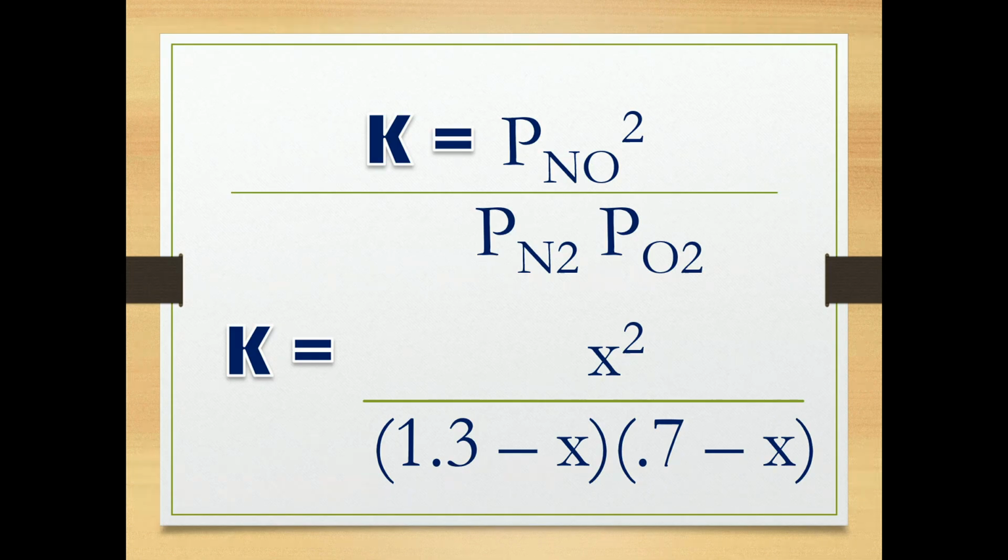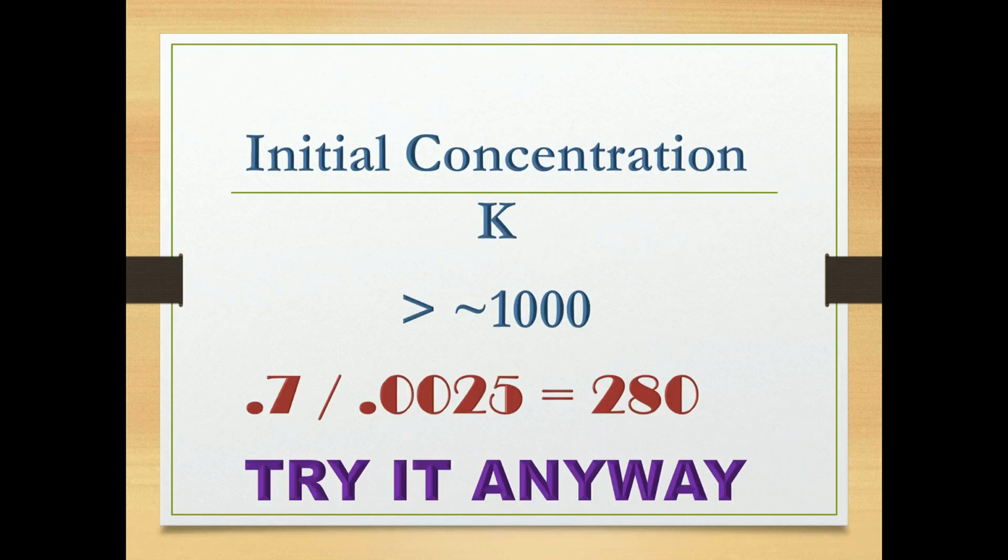Really would like to avoid doing that. But when I do my ratio, I do it to the smaller atmosphere, and it's only 280. It's not over 1,000. But I'm going to try it anyway, because if I can avoid the quadratic, I want to. So I'm going to go ahead and drop the x's anyway.